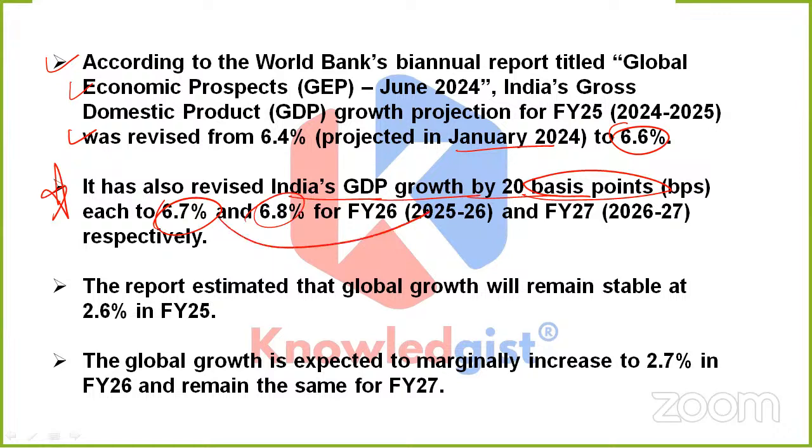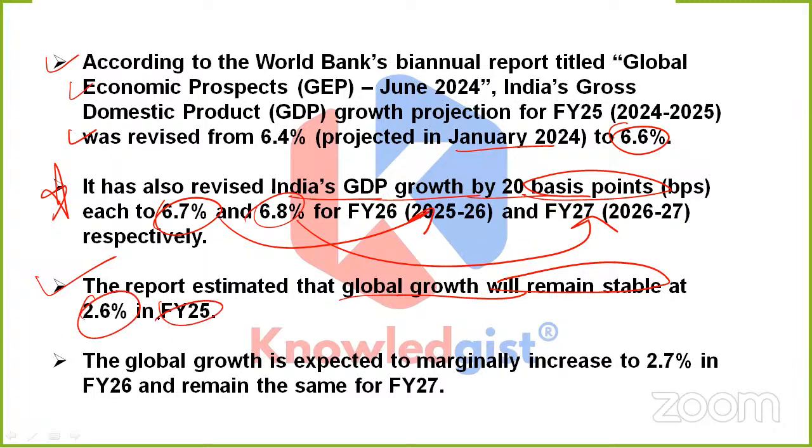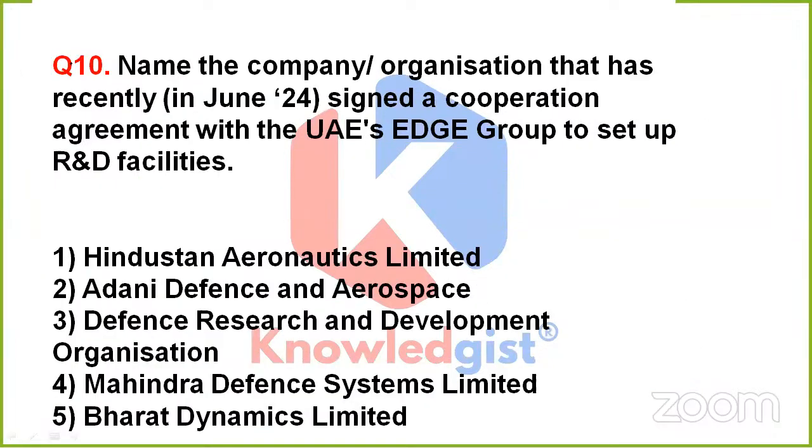The 6.7% is for FY26 and 6.8% is for FY27 respectively. And this report also estimated that global growth will remain stable at 2.6% in FY25, and is expected to marginally increase to 2.7% in FY26, and in FY27 it will remain the same, 2.7%.